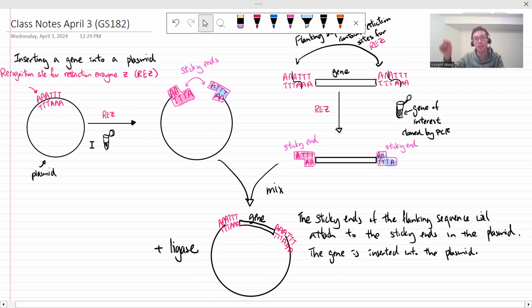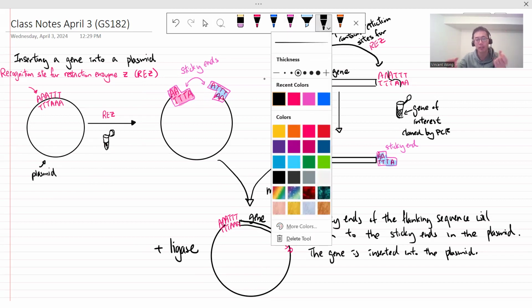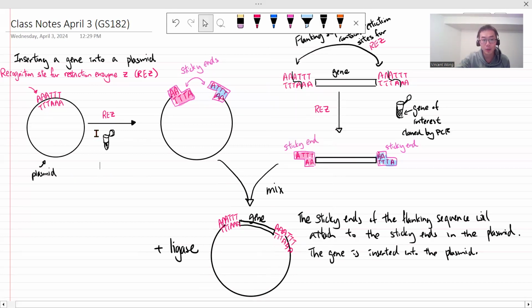A plasmid is circular DNA that's found in the bacteria, right? But in this tube there are like a million copies of these plasmids. On a molecular level, each plasmid will get a gene put in it. So we do this so many times in the solution.